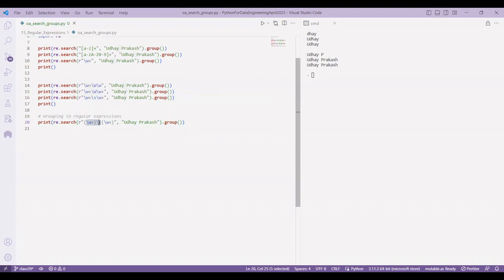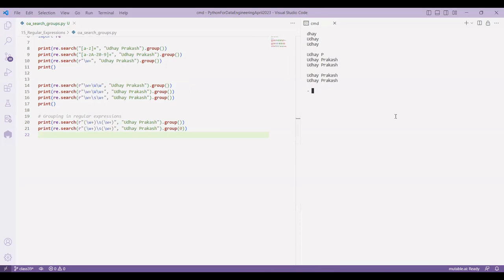So around the first word I gave a parenthesis, and around the second word I gave a parenthesis. But it is making no difference. You're getting the same result. If I do group or group of 0, you get the same answer. But sir, I am interested in only specific things. So then you need to understand one thing. The moment grouping happens, it will have two values.